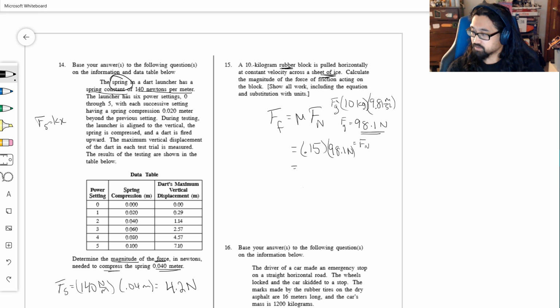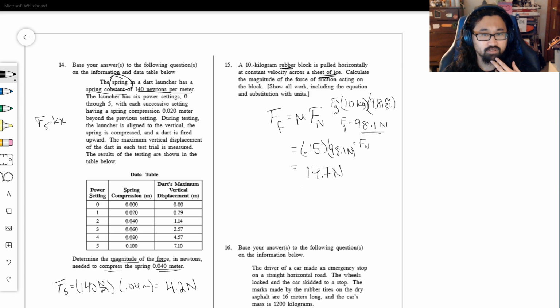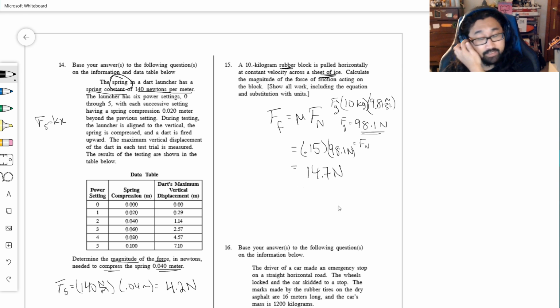So my answer here, 14.7 newtons. This coefficient of friction seems wrong. Give me 1 second to just make sure. No, rubber on ice is 0.15. Okay. Just double checking that.